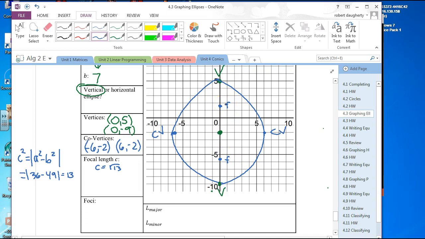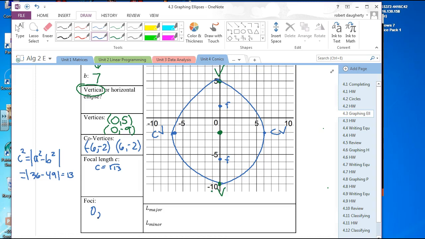Okay. Now, what are those points? How do I get to this point? What's the x coordinate of that point? If I'm trying to get from here to here, how far over in x do I have to go? Nowhere. Okay. Now, how do I tell you how to get to this point?